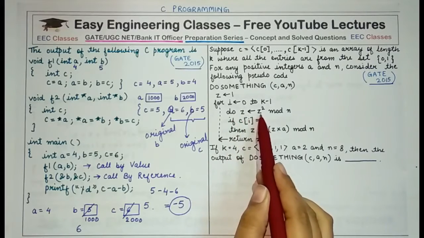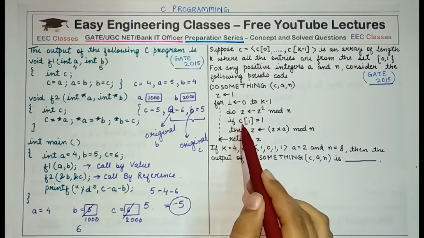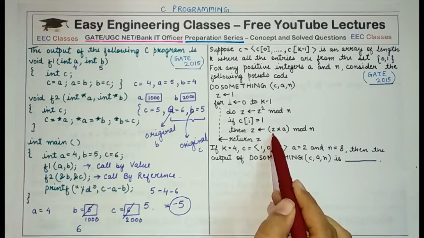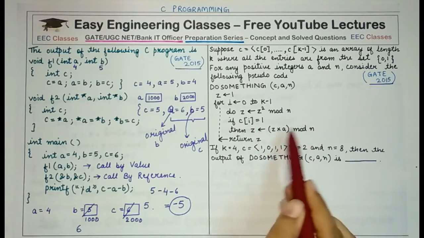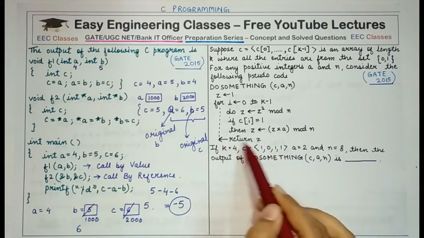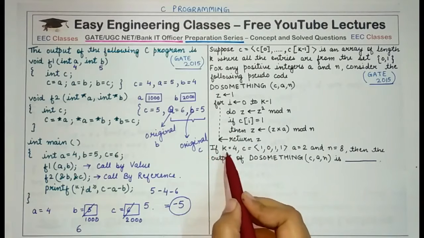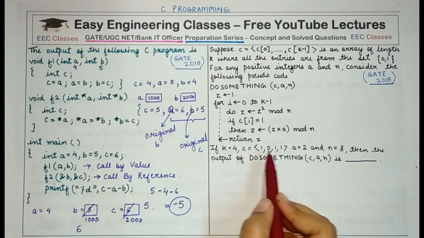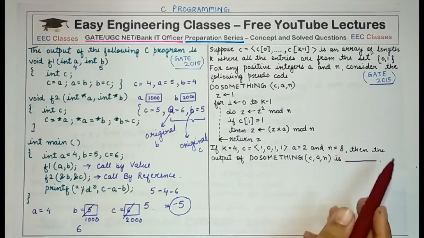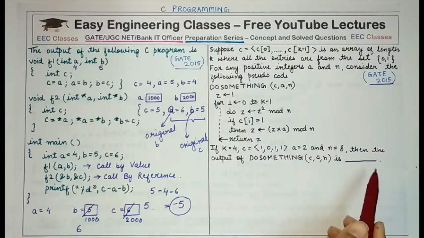We assign the value of z square mod n to z. Then if C of I is equal to 1, then we assign the value z into a mod n to z, and at the end of the for loop we return z. So this statement return z is out of the for loop. If k is equal to 4, C is equal to 1, 0, 1, 1, A is 2, N is 8, then the output of do something C, A, N is.